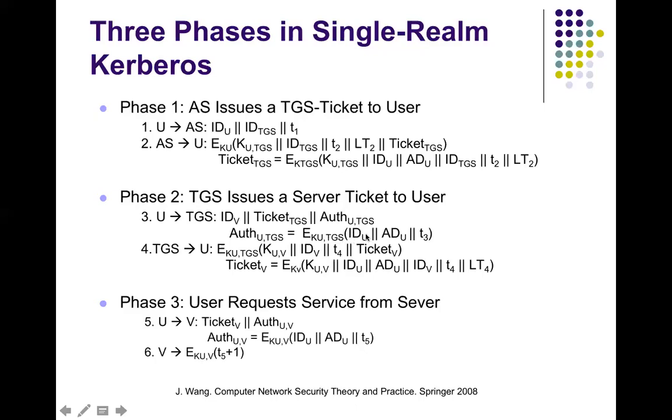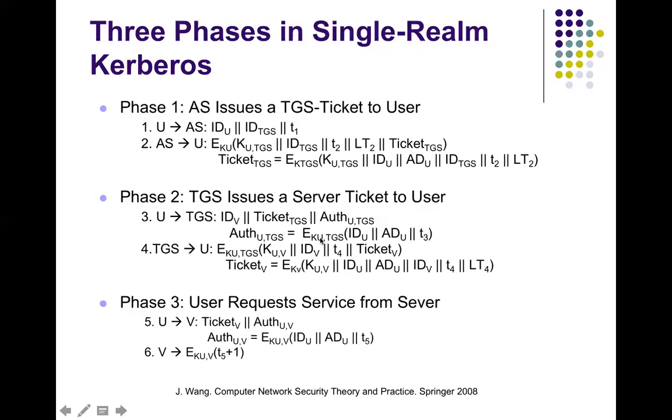So this has user U's ID, the machine address of the user's computer, and a timestamp T3 for when this service is requested.